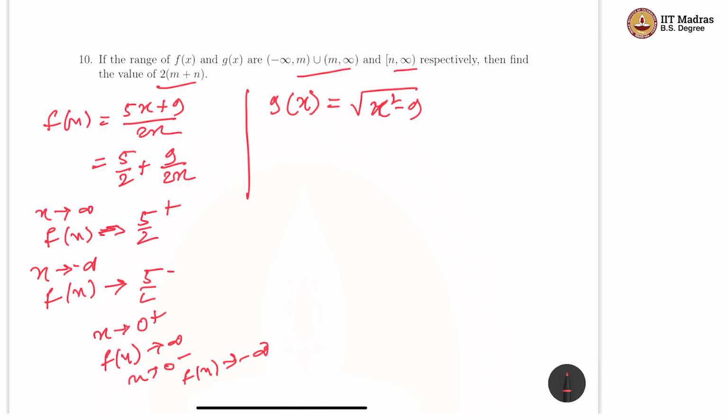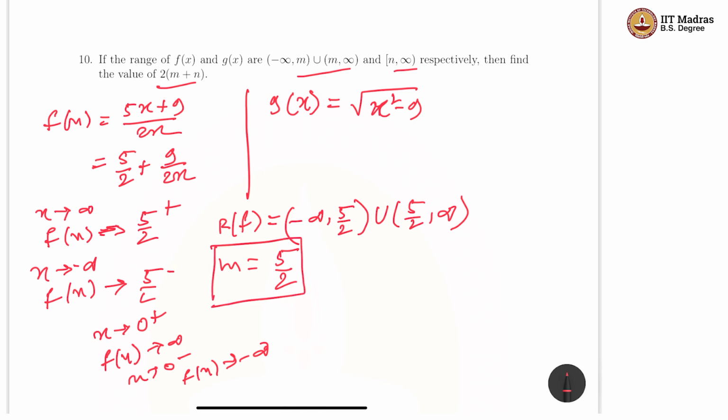So from here we can make an easy observation that the range of f will be minus infinity to 5 by 2 union 5 by 2 to infinity. Hence the value of m is basically 5 by 2. Here we are just excluding the point 5 by 2 because we don't have any point in the domain for which the function can take the value 5 by 2.